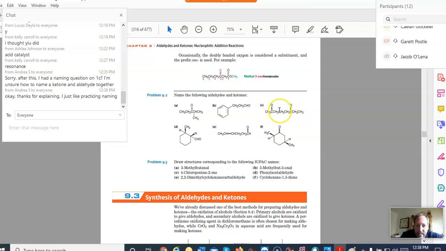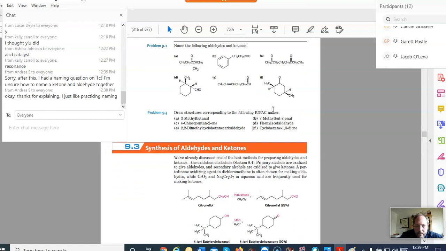If it's a diketone, it's a dione. See how right down here they have dione? If it's a dialdehyde, it's a dial. If it's a double bond, I think we talked about enals or enones. But if you have an aldehyde and a ketone, which aren't the same, you name the ketone as an oxo.